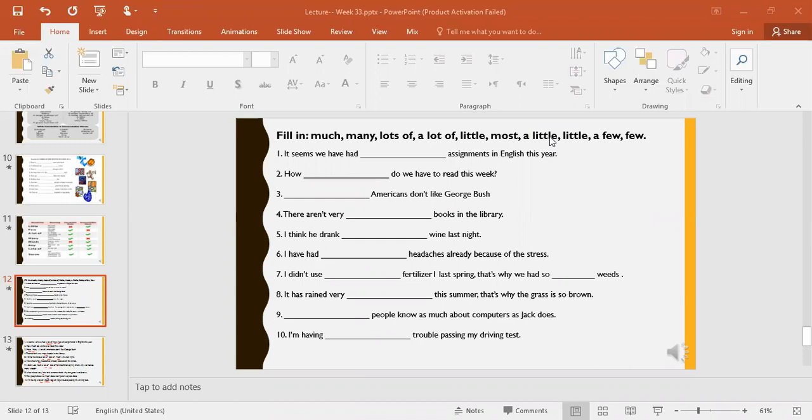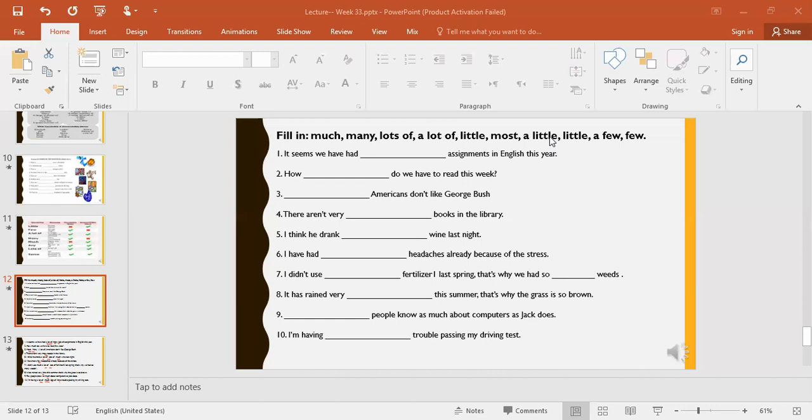I didn't use fertilizer last spring. That's why we had weeds. Weeds and little insects. So I didn't use a lot of fertilizers last week. That's why we had so many weeds.